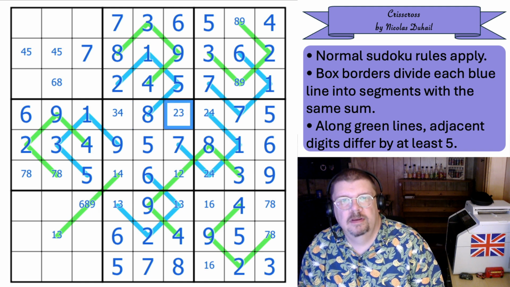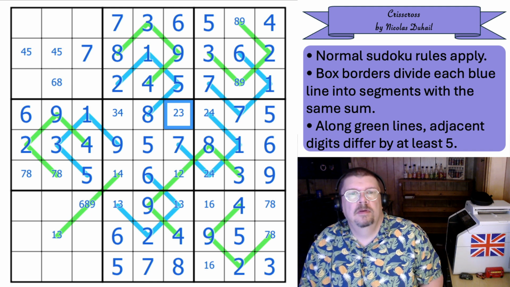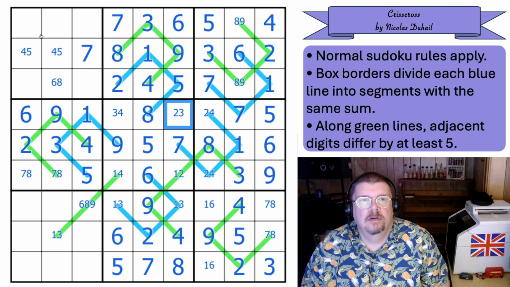I can remove a 1 from there and a 1 from there. Okay. These 3 digits are from 1, 2, 8, and 9.